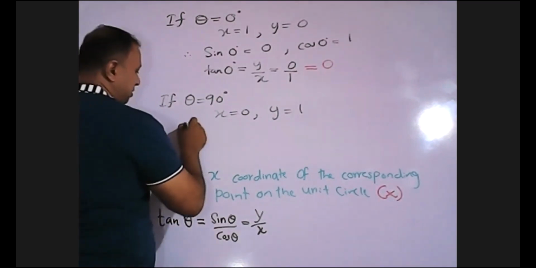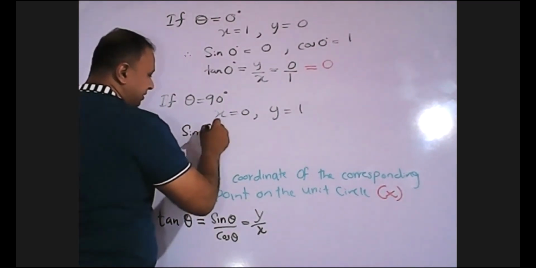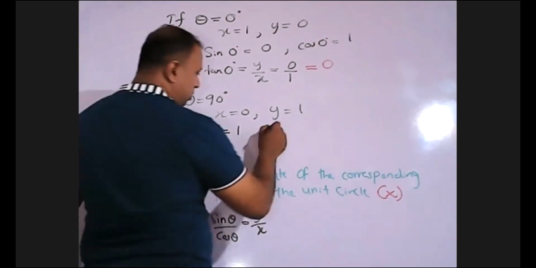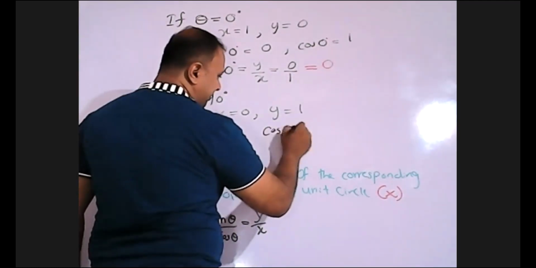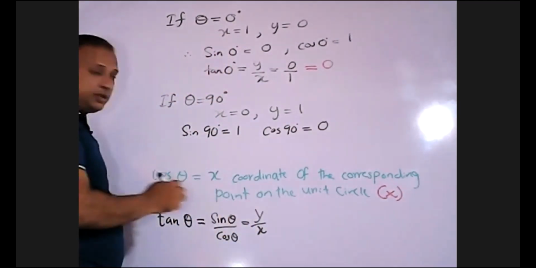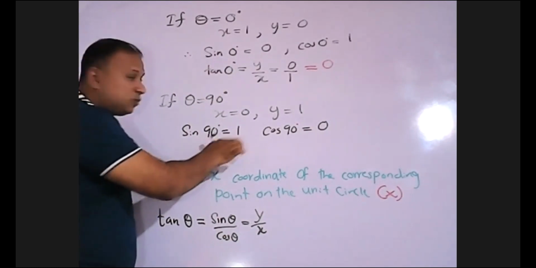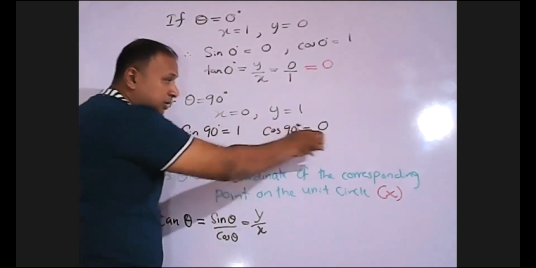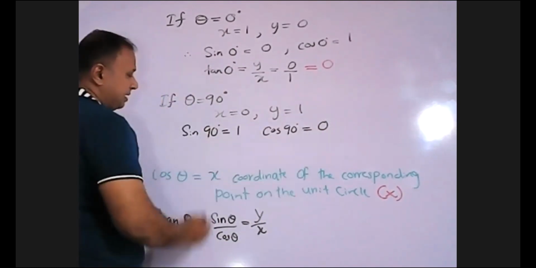Therefore, sin 90 is equal to 1. Cos 90 is equal to 0. Because sin 90 is equal to 1 because the y value is equal to 1. Cos 90 is equal to 0 because the x value is equal to 0.